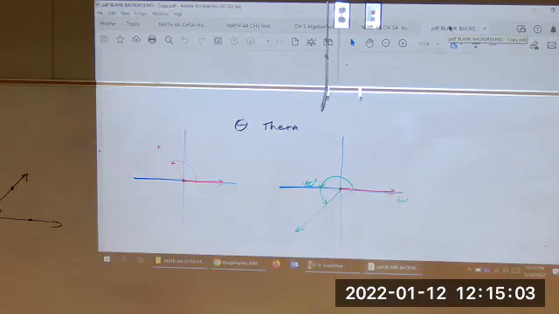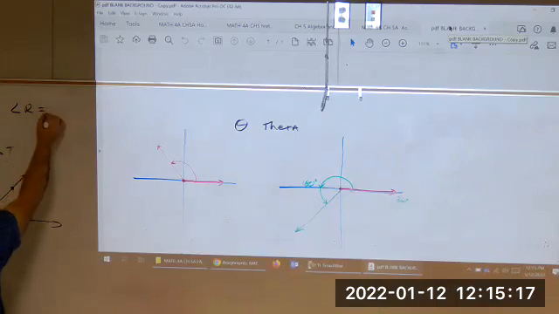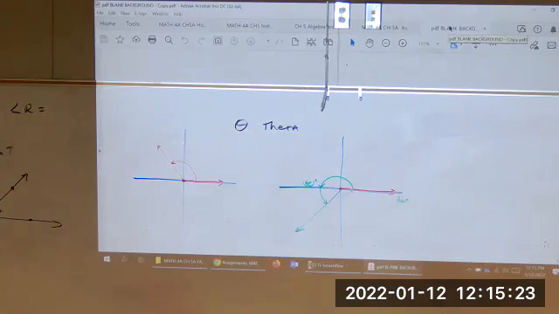Later on, when we start working with triangles, we label our triangles: vertex Q, there's R, triangle QRT. So we might say, what is the measure of angle R?